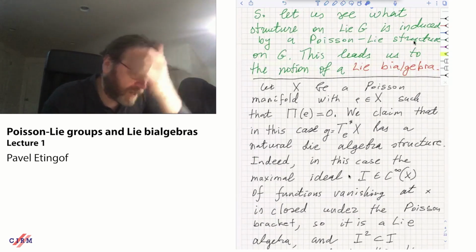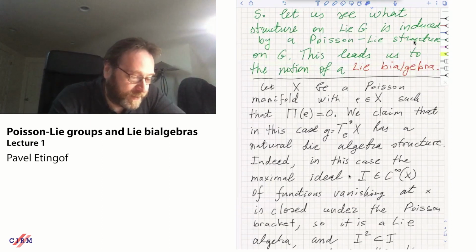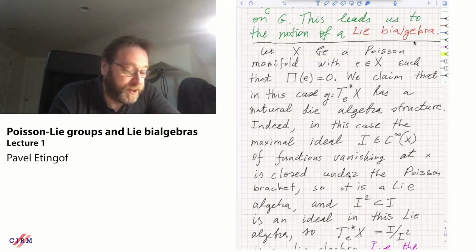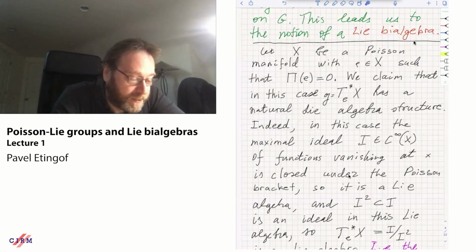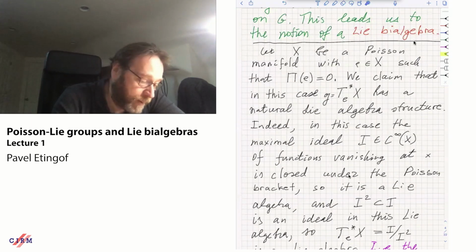So in this case, I claim that the cotangent space to this manifold X at the point E has a natural structure of a Lie algebra. And here is how to see it. You have the maximal ideal I in the algebra of smooth functions vanishing at E. Or you can consider germs of smooth functions, it doesn't matter.